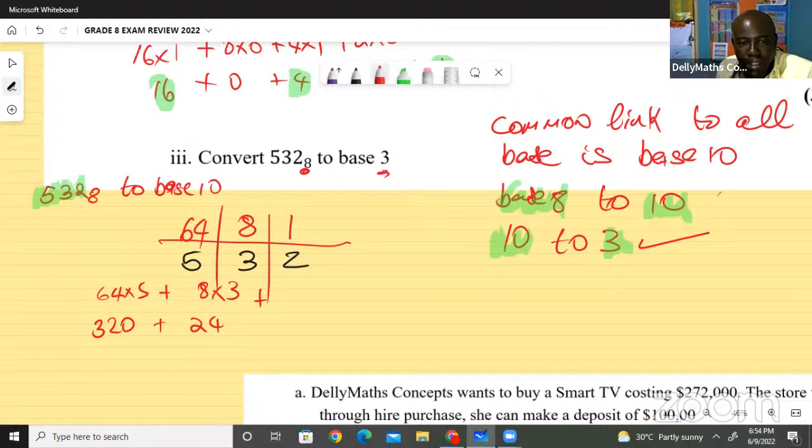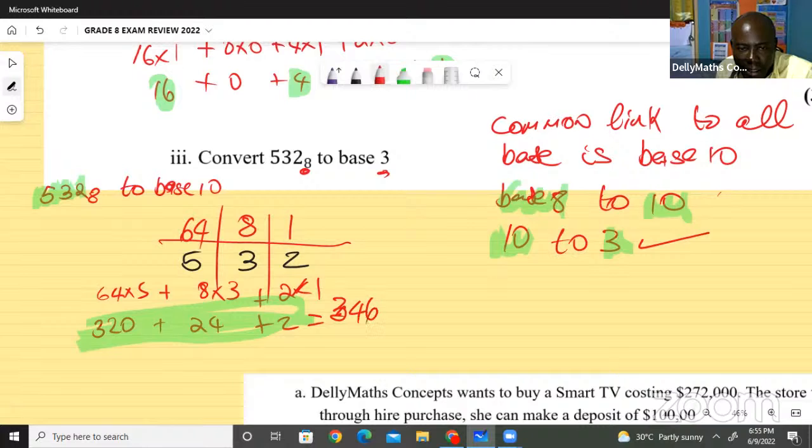And you want to add that to 2 times 1, which is 2. These are the numbers that we're adding up. So let's put it together: 320 plus 24 plus 2, and then the answer is equal to 346. But this is in base 10.